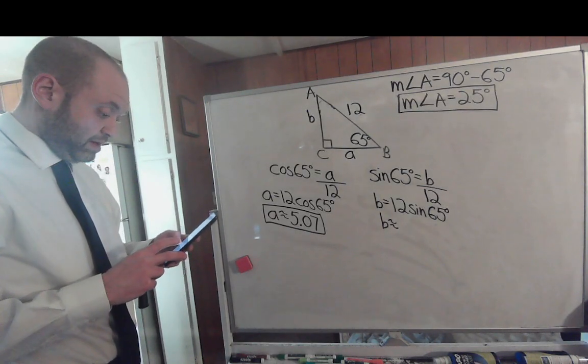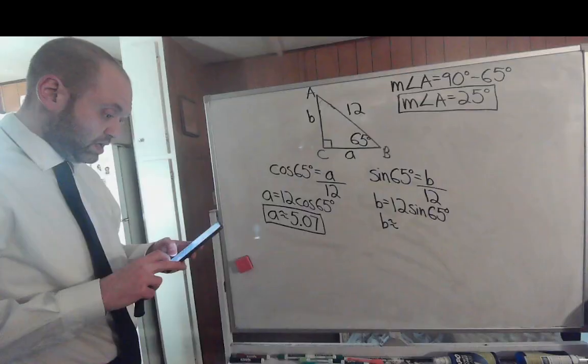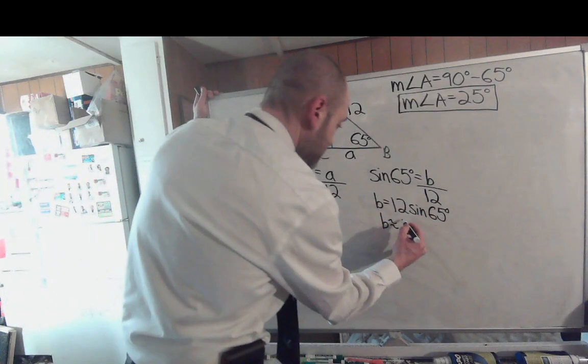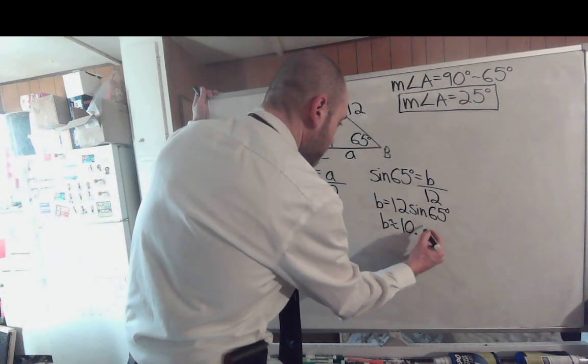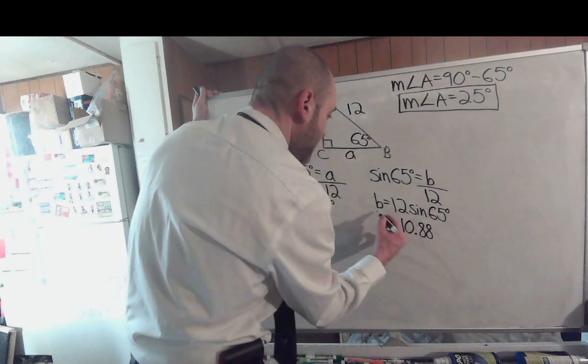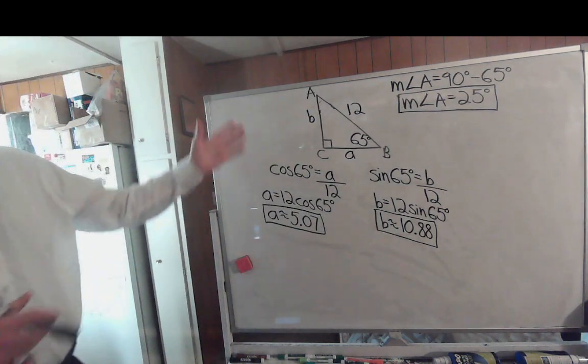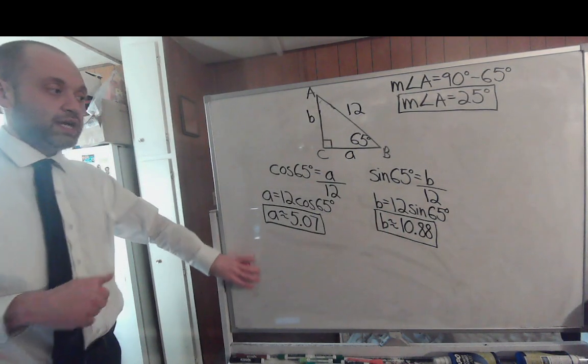Let's see what we come up with. You get about 10.88. So side B has a length of approximately 10.88 units. So there's all the missing values for the sides and angle A.